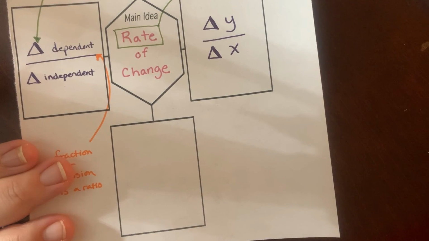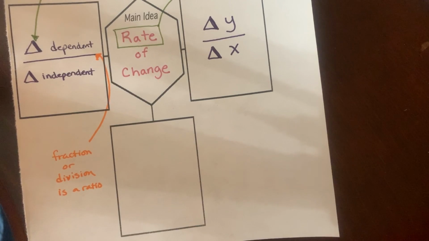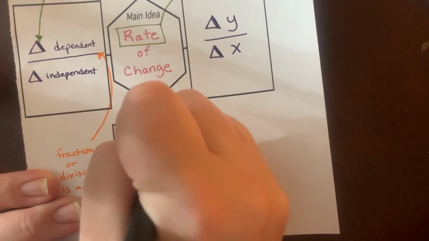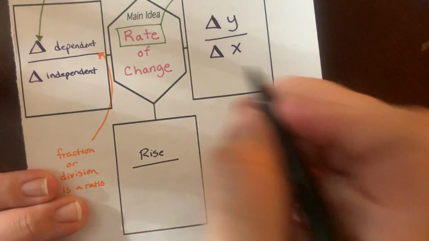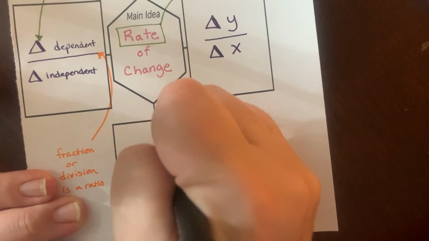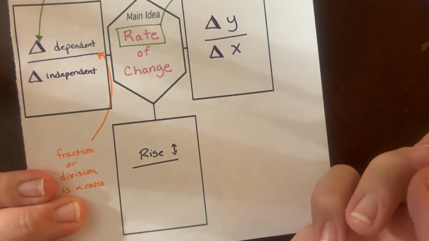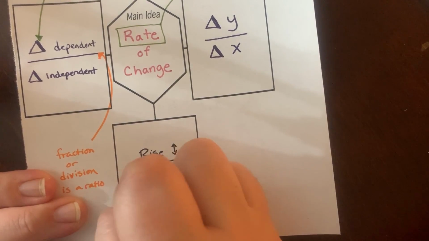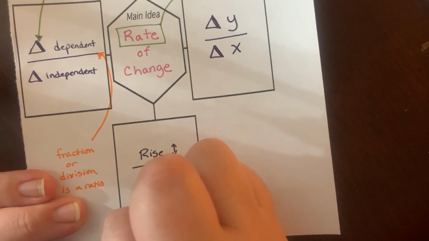Down here, we're going to fill in one more way of looking at rate of change, and that is when we're looking at a graph. We would be looking at the rise, which is our up and down motion, rise or fall technically, over the run, which is our left to right motion.